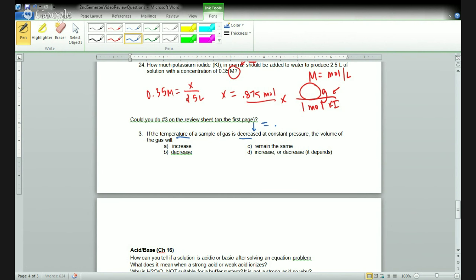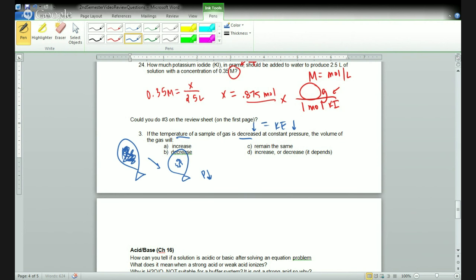So if we think about what's happening, we're taking our temperature and dropping it. That means the kinetic energy of our particles is dropping. If they were in a super big balloon moving crazy fast, hitting the sides of the balloon and making it inflate, and we're now cooling it down, then in that same big balloon our molecules are only moving slowly. Because they're hitting slower, the pressure in our balloon is dropping.